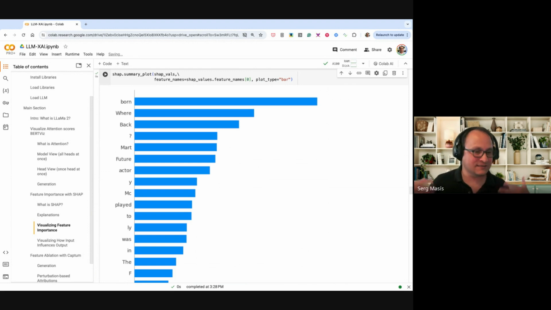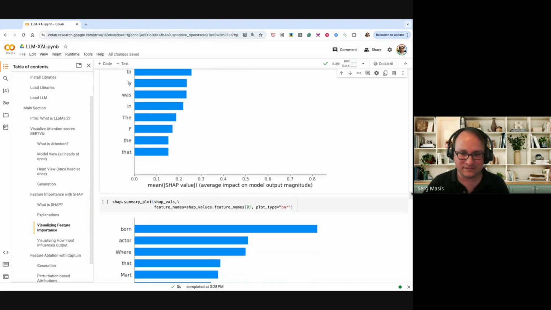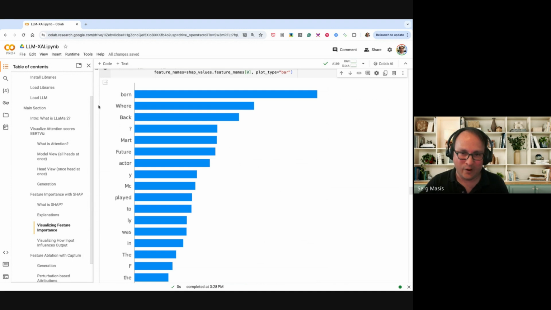And then what I suggest is averaging out the SHAP values, so you can get an accurate depiction across many different generations of text. What is the most important input? So, born tends to be always on top, but was is in the top three.